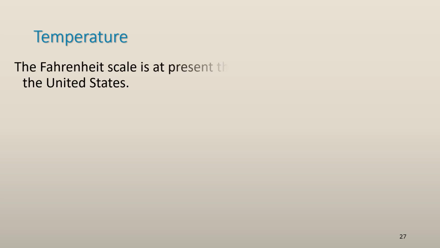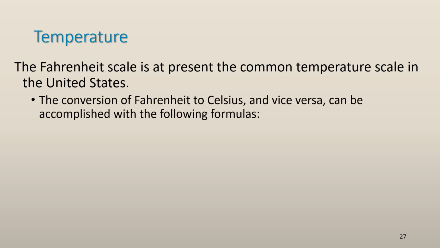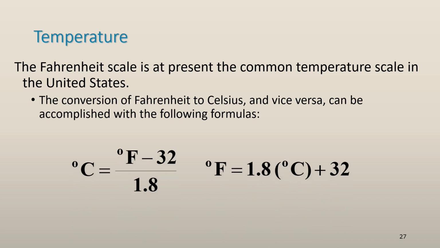All right, like I said, we talk a little bit about temperature. The Fahrenheit scale is what we use in the U.S. every day. The Celsius scale is what we use in science and chemistry. Usually we won't have to convert back and forth, but if you want to, this is the formula. If you want to know Celsius and you know Fahrenheit, first you subtract 32 and then divide by 1.8.